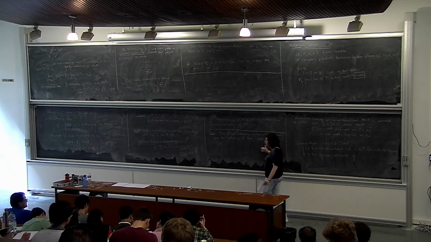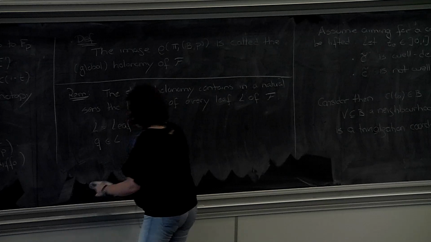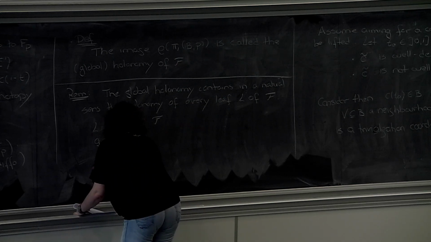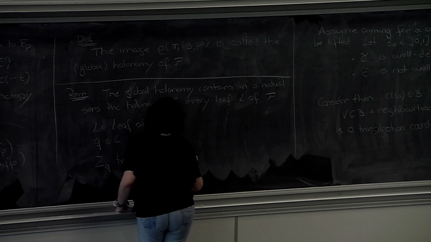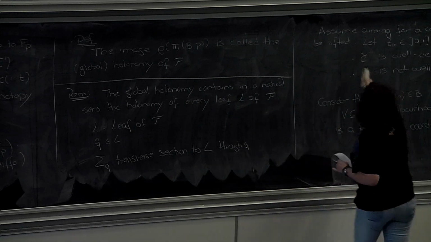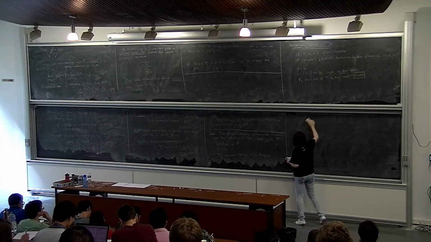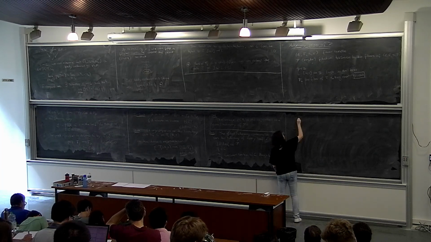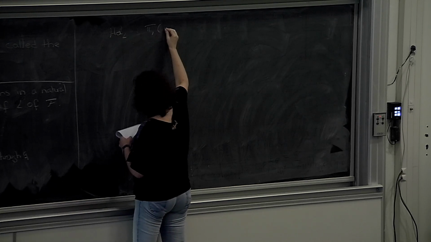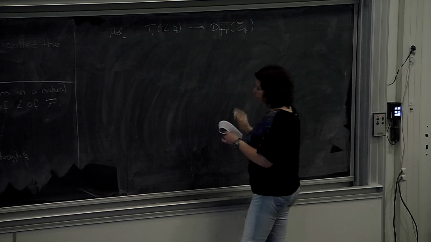Okay, so how can we see this here? So let us fix L, a leaf of the foliation. Let us fix a point Q on this leaf. And let me fix a transverse section to L passing through Q. Okay, and as I said before, the holonomy of this leaf could be viewed as a representation from the fundamental group of the leaf at Q into the germs.